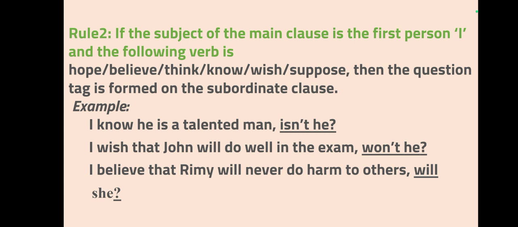Now, the third example: I believe that Remy will never do harm to others, will he? Again, here the question tag is formed on the subordinate clause, that Remy will never do harm to others. So it is clear from rule number two that the tag question is formed on the subordinate clause if the subject of the main clause is the first person I and any of the following verbs is present there.